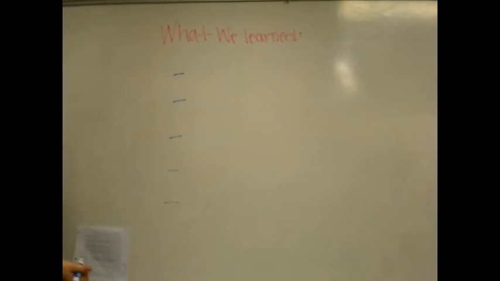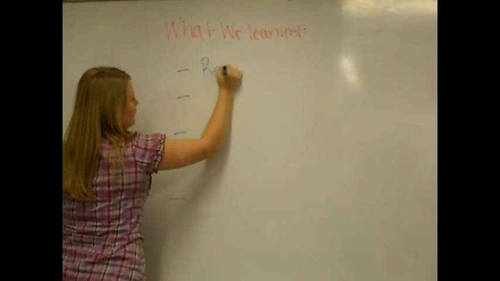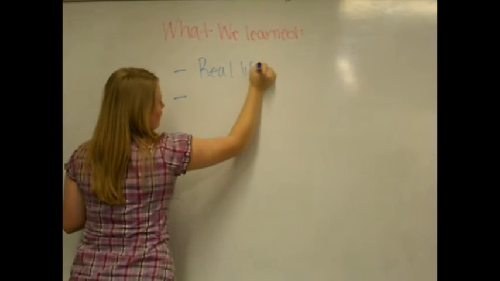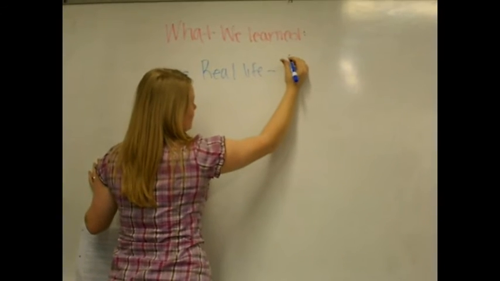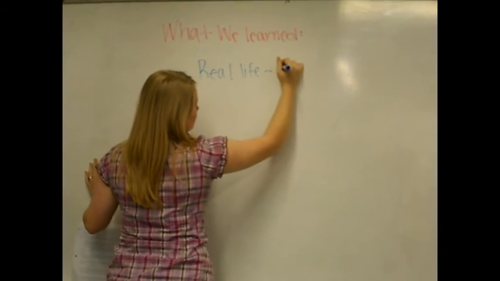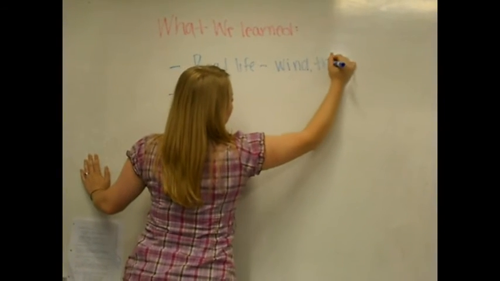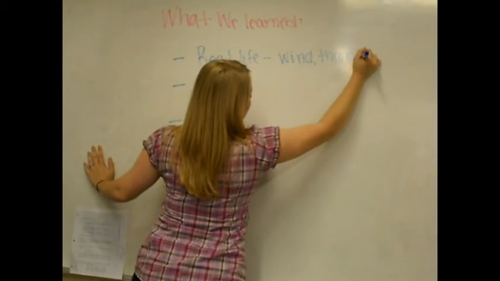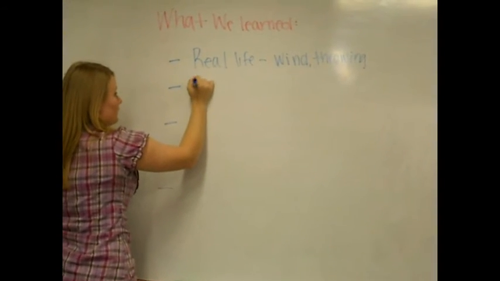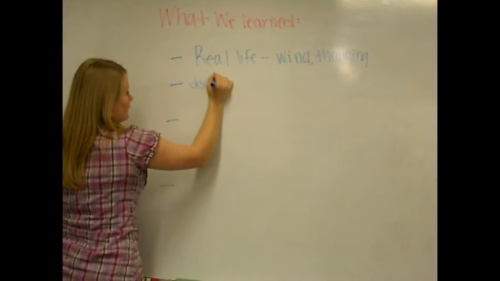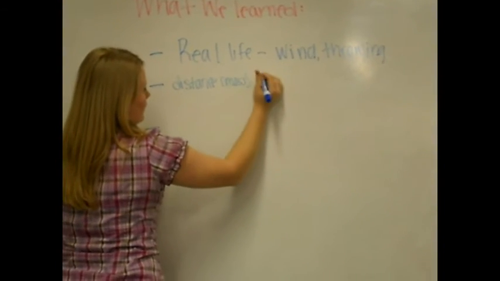What we learned about vector quantities is that they affect many aspects of real life. Because they can always be defined on a graph, they can define things such as wind or throwing. They must always have two sets: they have to have distance or mass, and direction.